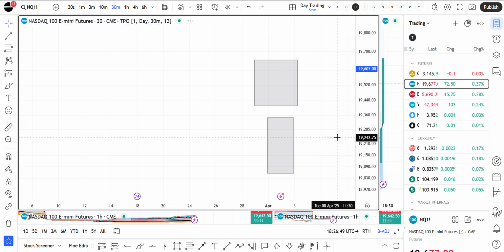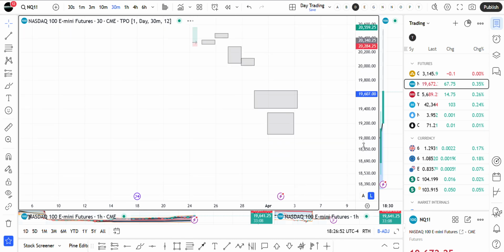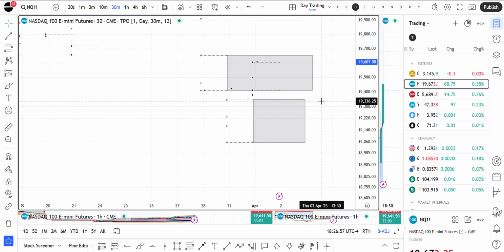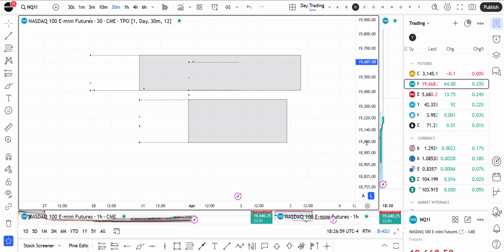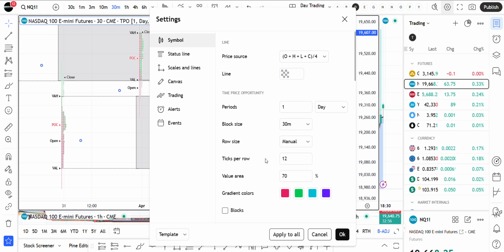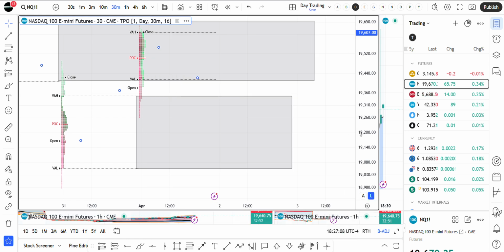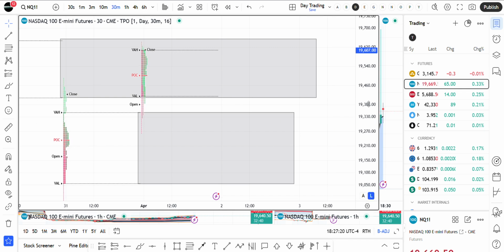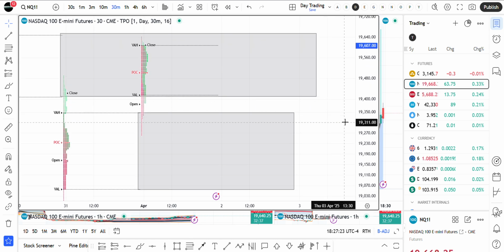Change the time to regular trading hours instead of extended trading hours, simply because that's the time the stocks trade. Let's use more, 16. I usually go between 16 and 12. There was one day where I had to push it up to 20 just because of the volatility. Couldn't fit this on my screen.